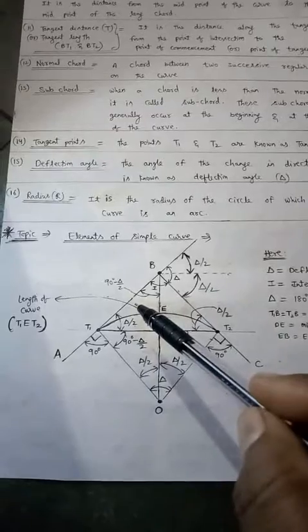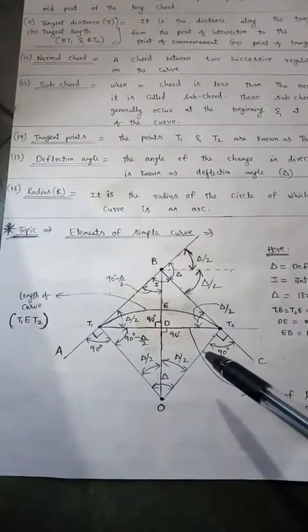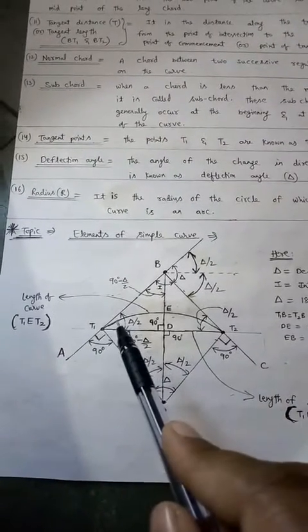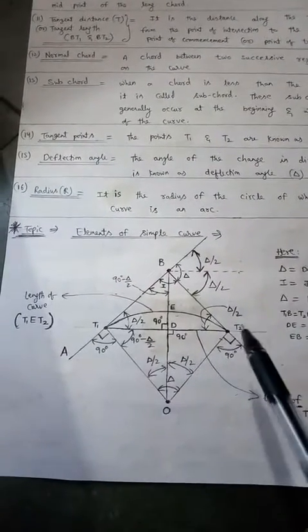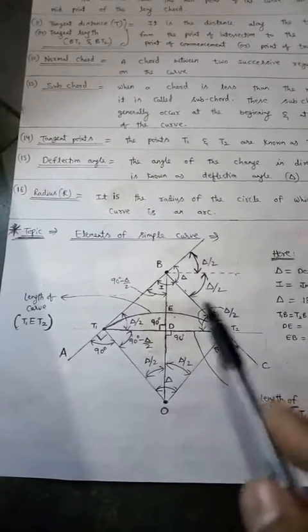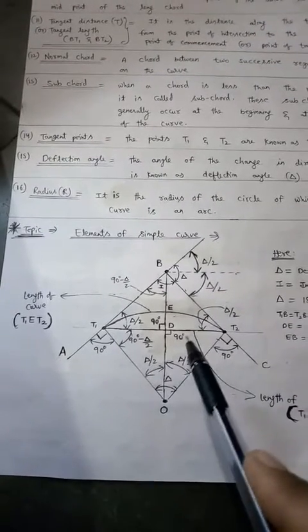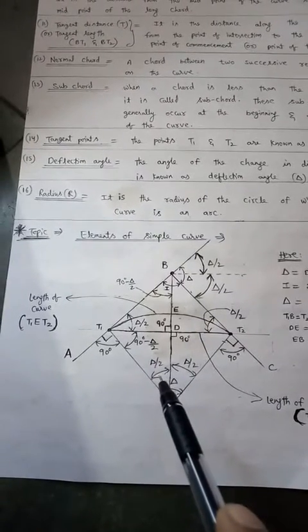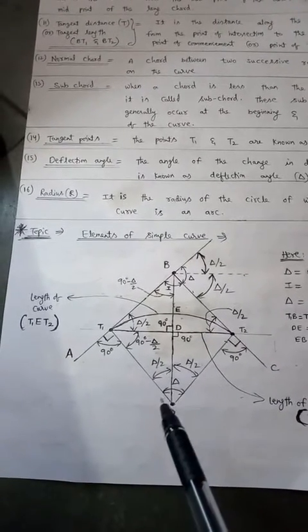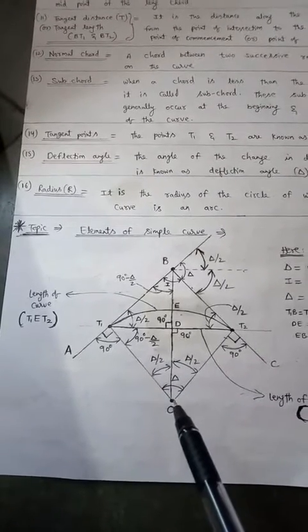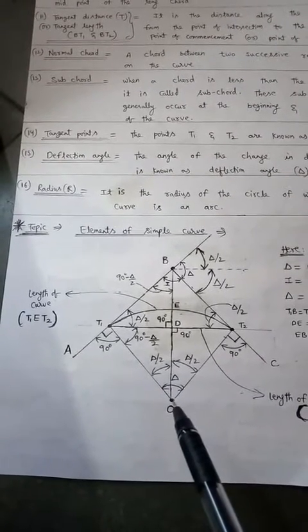Based on similar triangle, we are putting this part here, so here also delta by 2. So finally delta by 2 equals delta here, which is known as the deflection angle. This is the center of the circle.